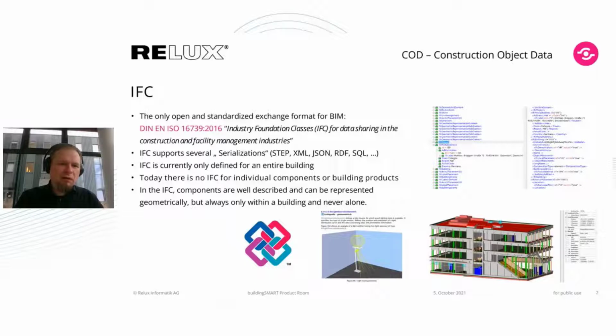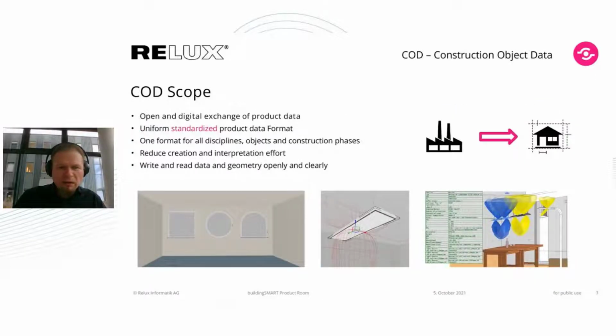This is an acronym, COD, from the standardization we had on the CEN level and standard to do exactly this. But this I will show in one of the next slides. Yeah. First of all, this is the COD. COD means nothing other than IFC for products, just in another term.